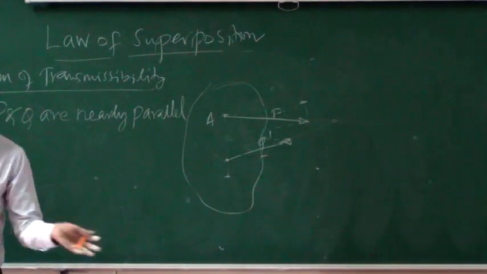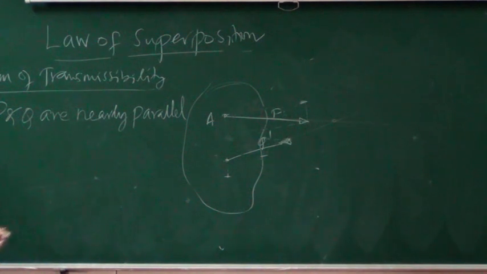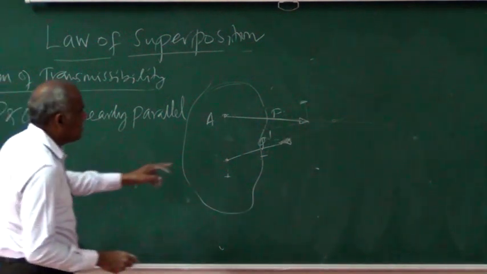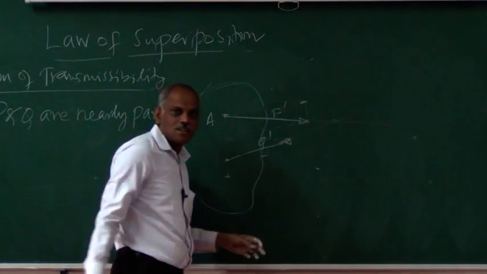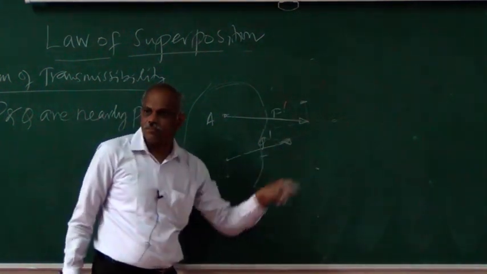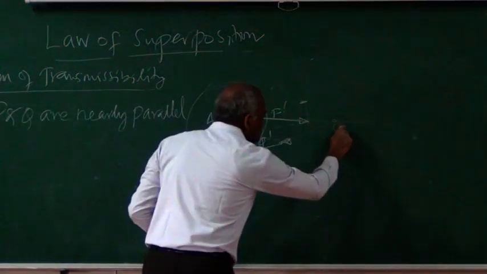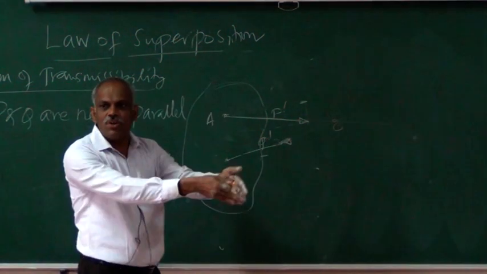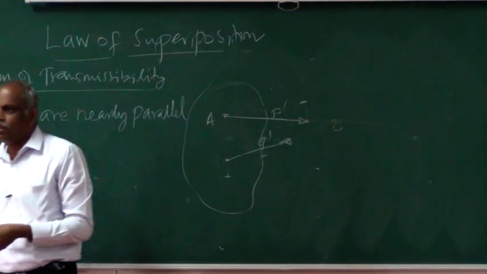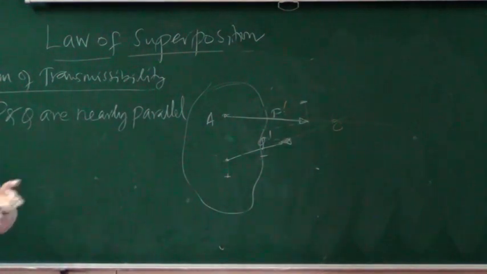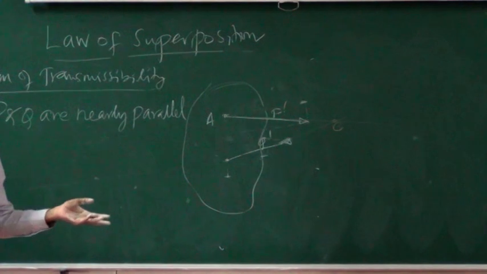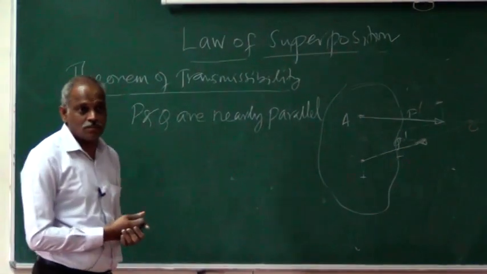So the components can be removed from the system. Now you have P dash and Q dash, they intersect at a point C. Now that is going to be the new point of application. Use the parallelogram law and find out the resultant.